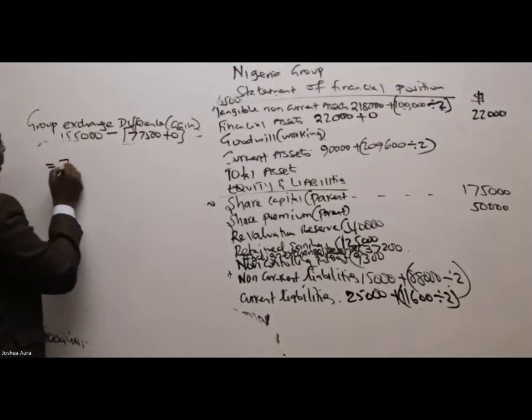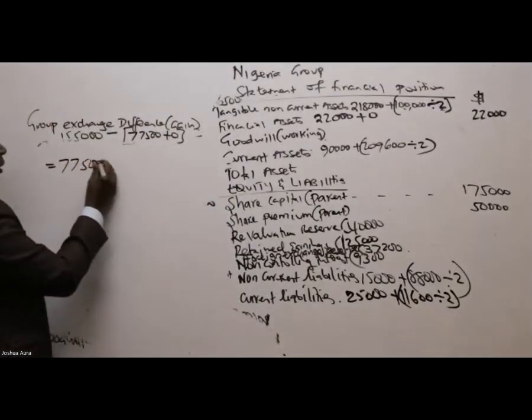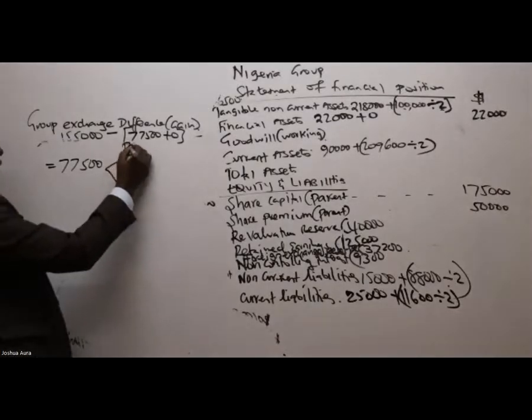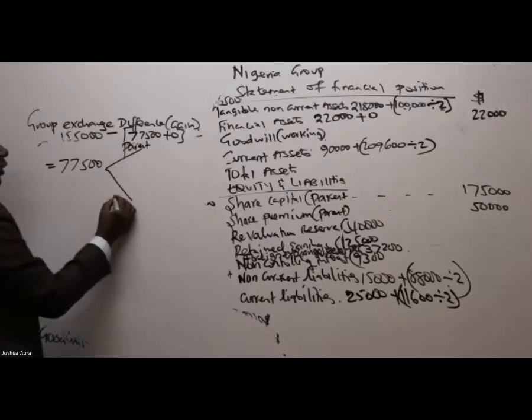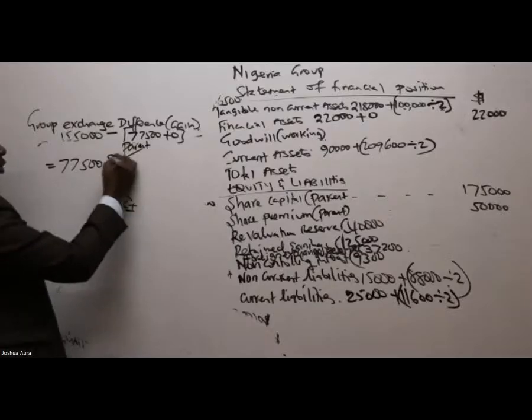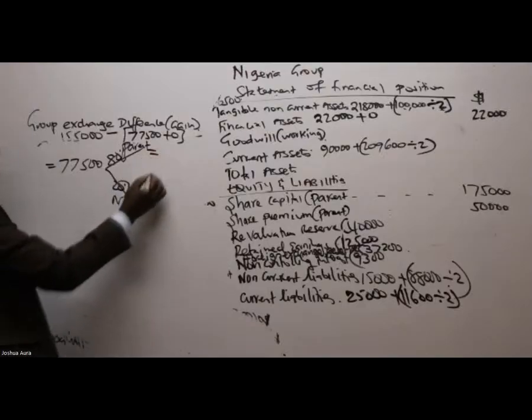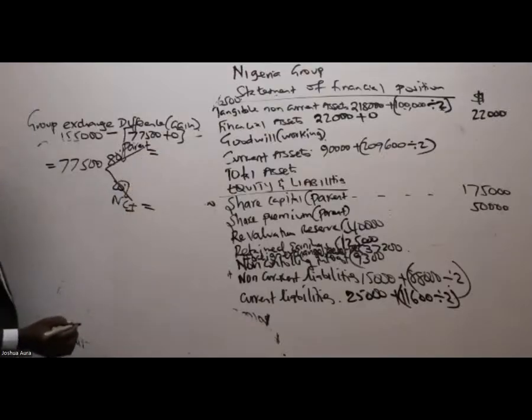So once I get this 77,500, please share it out between the parent and the NCI. Remember, this is 80% and this is 20%. Please give me the figures.